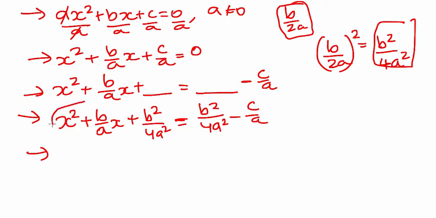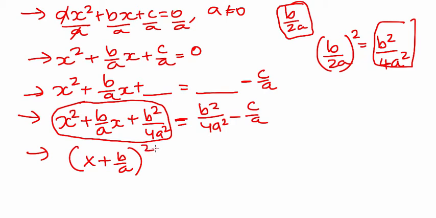I just made the left side a perfect square, so you can rewrite it as x plus b over 2a, squared.